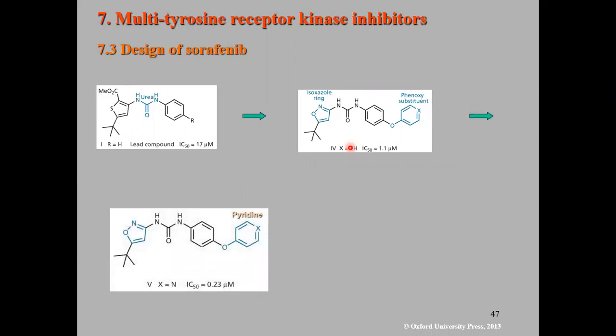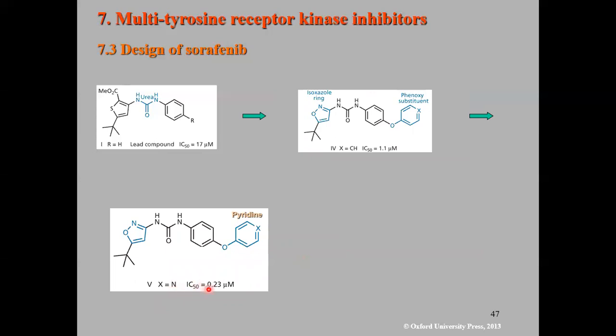Now, here in the phenoxy substituent, the X is CH, right? Because this is a phenyl group, and since this is a phenyl group, this X would be carbon and hydrogen. When they changed it with a pyridine ring, where the X is nitrogen, they got even better activity.